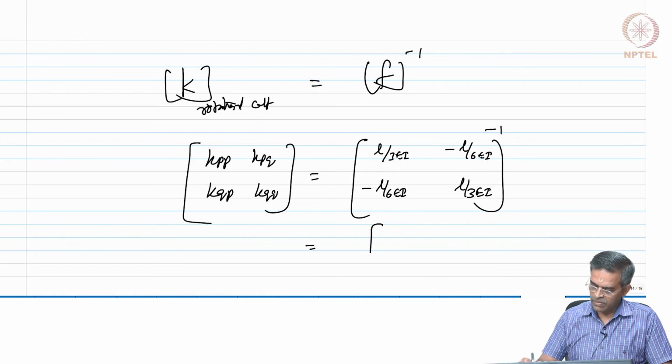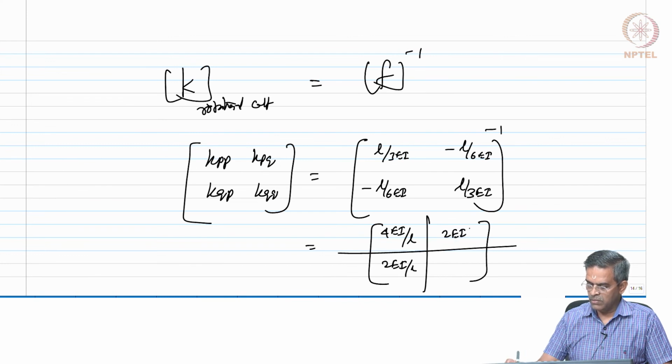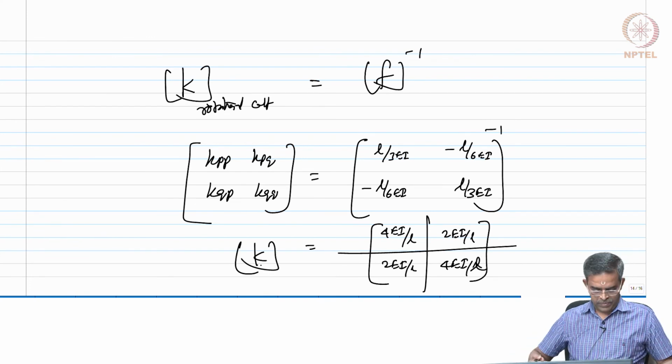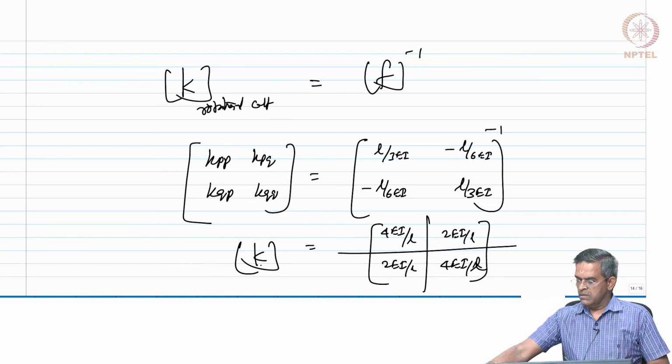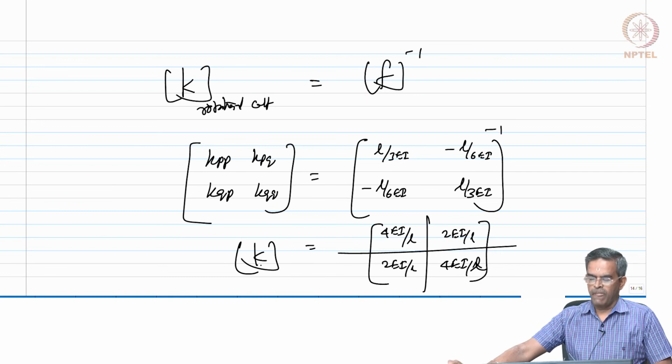You will find this matrix as 4EI by L, 2EI by L, 2EI by L, 4EI by L. So, the rotational coefficients can be obtained like this.